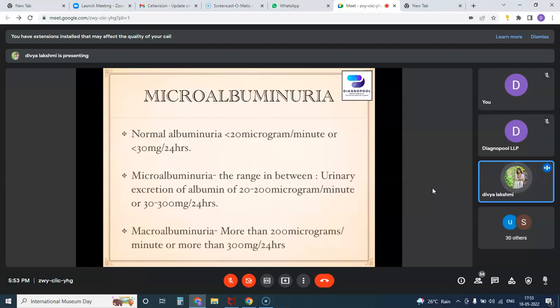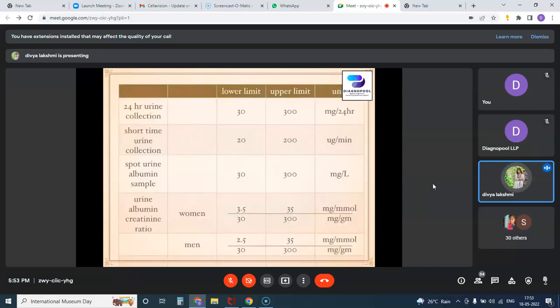But if we detect it at the microalbuminuria level only, most of the complications can be prevented. So we can do a 24-hour urine collection, a short-time urine collection, a spot urine albumin sample, or a urine albumin creatinine ratio to detect microalbuminuria levels.